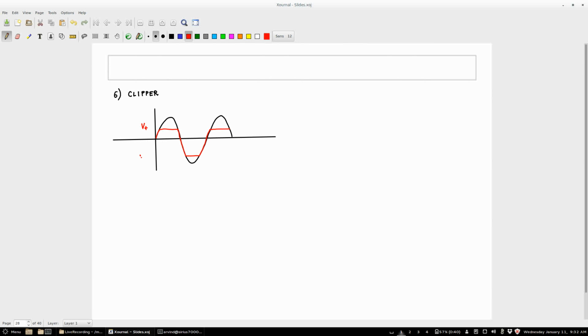So for example, you can have a circuit which clips the positive part to some value. I can call this V plus, and then say it comes and clips the negative part to some value, and say this is V minus.